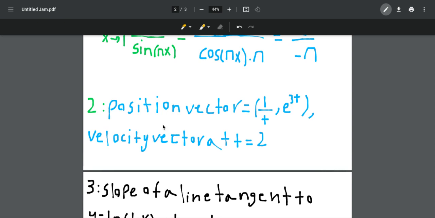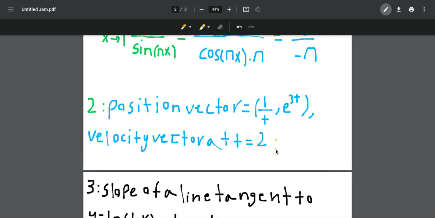When you are given a function or a vector for position, if they want you to find the velocity, you should differentiate it. So we should differentiate each component of the position vector individually and then evaluate at t equals 2.